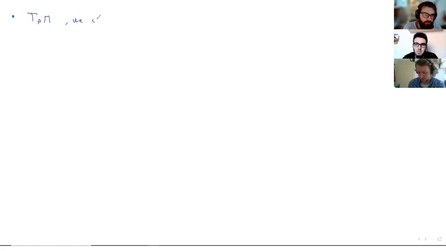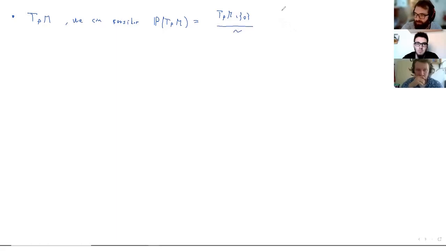We can consider its projectivization. The projectivization of T_pM. If you don't know what this is, it's simply the quotient space T_pM minus 0, where 0 is the zero vector space, modulo the equivalence relationship.